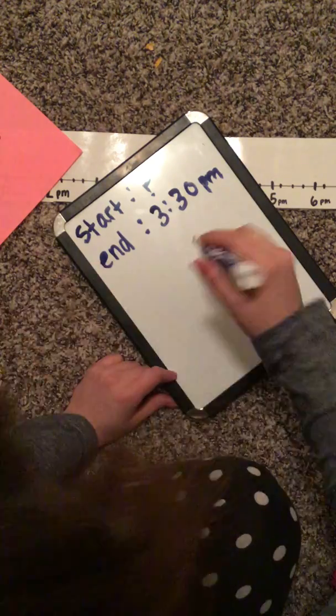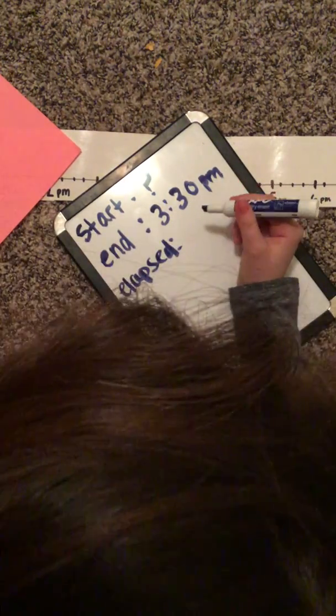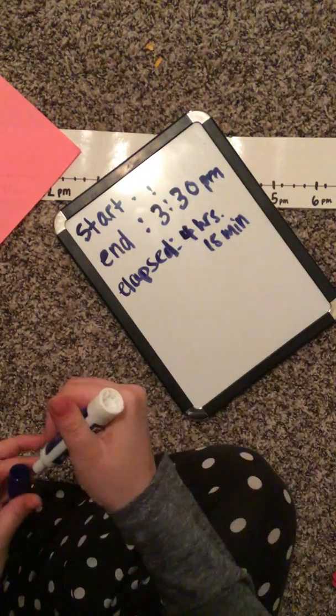But it looks like it's 4 hours and 15 minutes before. So that makes me think that we're going to be counting backwards. Okay, backwards. So we've got 4 hours, 15 minutes.